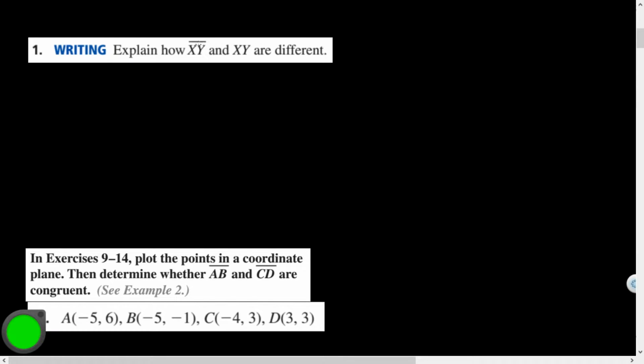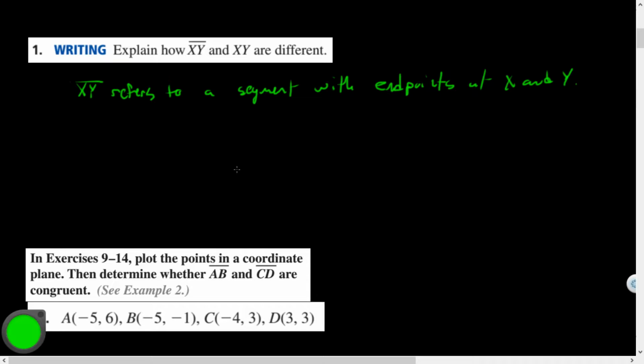Well, XY with this bar over it, this might be limited in my writing because I'm interested in time and efficiency here, refers to a segment with endpoints at X and Y. So it's referring to an image at X and Y. It's been all summer since I've written, so pardon my writing.